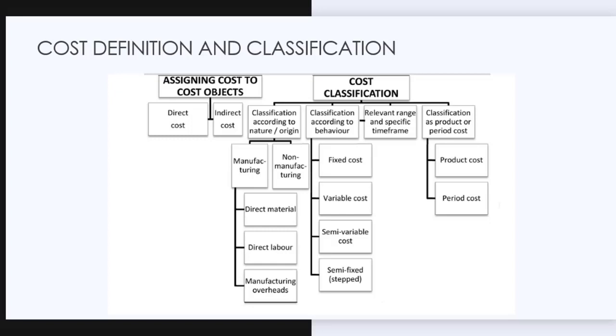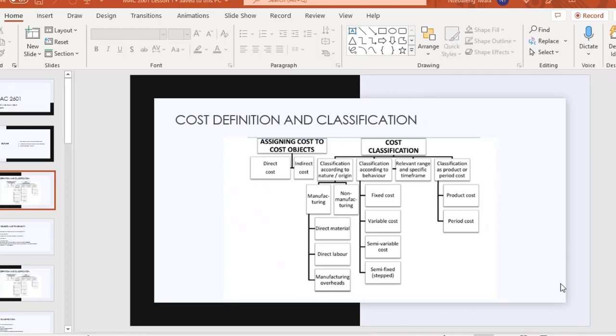But what is that cost object? What would you specify to say this is a cost object? A cost object is the amount we spend to produce that particular product. If we are in manufacturing, it's the cost to us of what we are manufacturing.